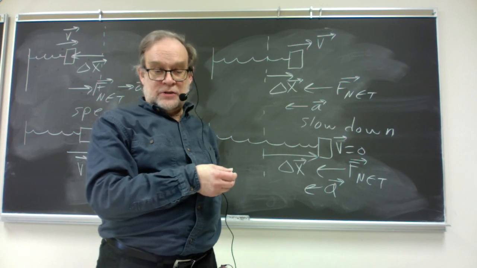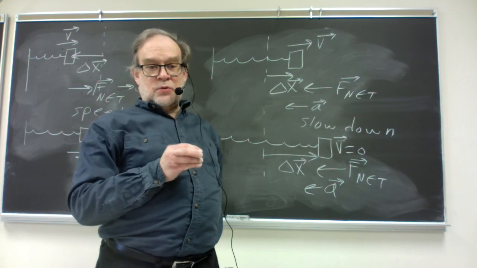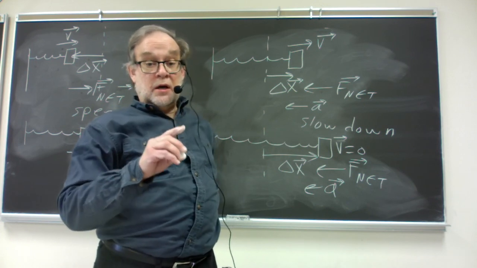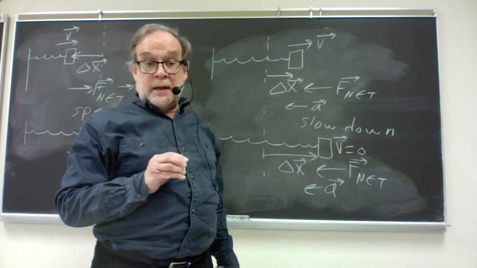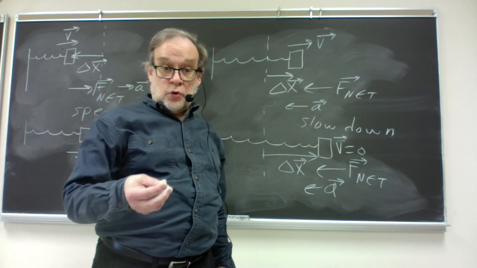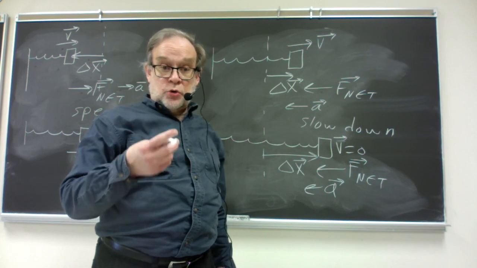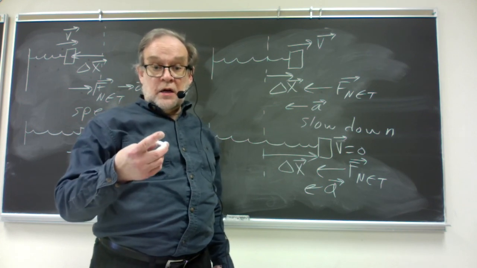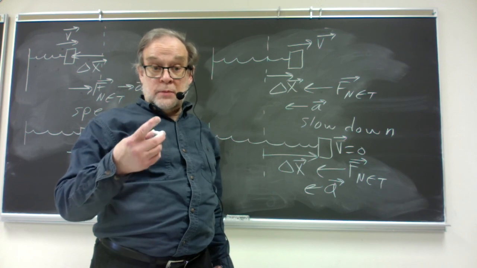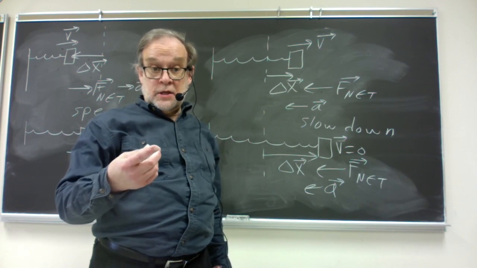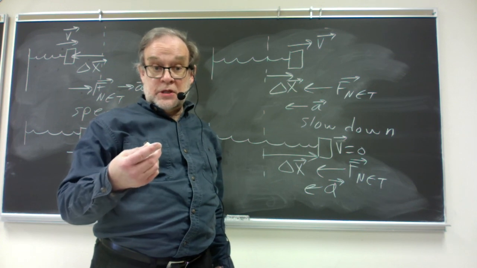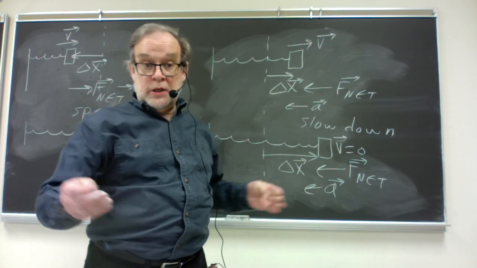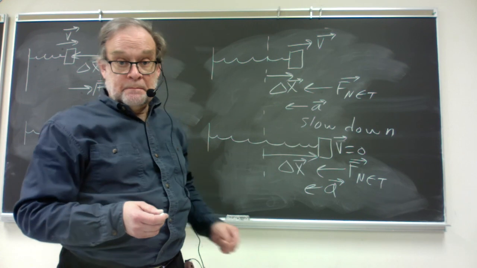We have an oscillation. The main idea is that we have an oscillation because the net force on this oscillating mass is a so-called restoring force. And by restoring force, we mean a force that's always pointing towards equilibrium and always pointing opposite to the displacement away from equilibrium. Right?